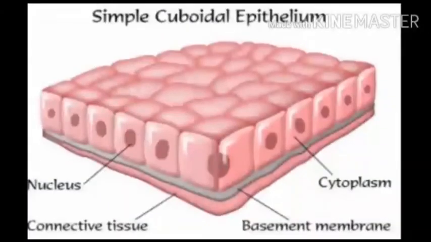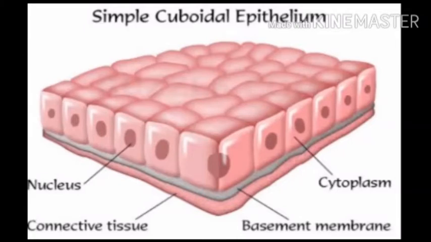Let's understand cuboidal epithelial tissue with the help of these diagrams. In the diagram, at the base of the figure there is a basement membrane, and there is also a nucleus above this.